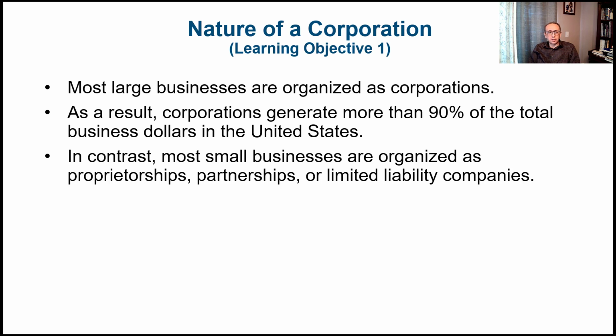And this is true. It's the most profitable structure for any form of business. On the other side, most small businesses are organized as either proprietorships, partnerships, or sometimes we refer to them as limited liability companies or LLCs.